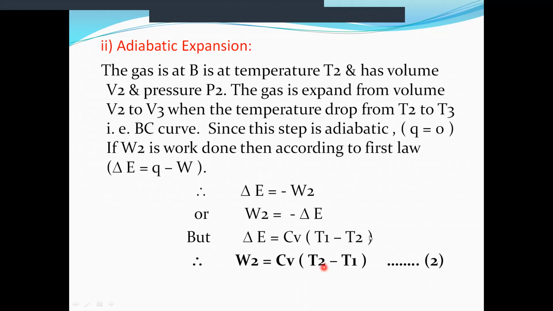I have written plus T2 first. This CV remains as it is. What remains in the bracket? T2 minus T1. Here T1 minus T2 is there, but we have multiplied this minus sign into the bracket, so T1 becomes minus and T2 becomes plus, and the plus quantity we have taken first. Therefore, W2 is equal to CV into T2 minus T1.